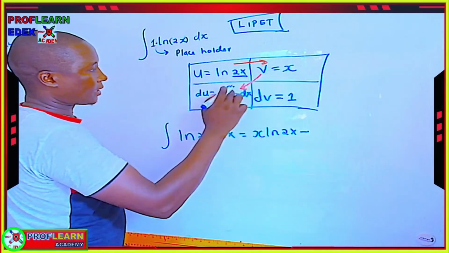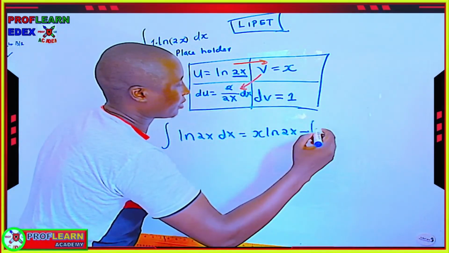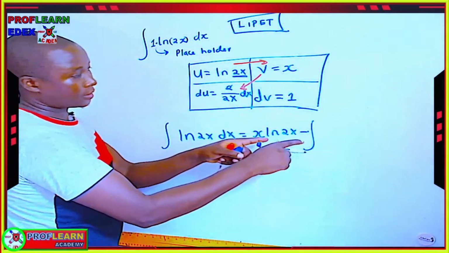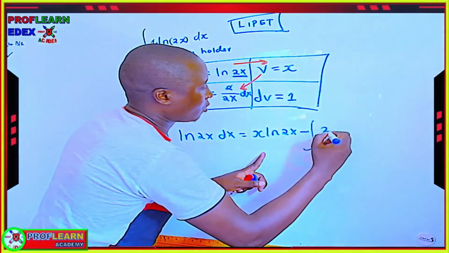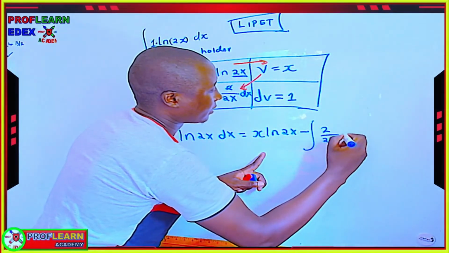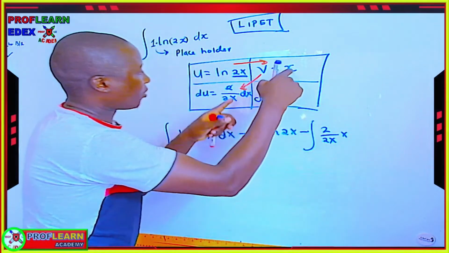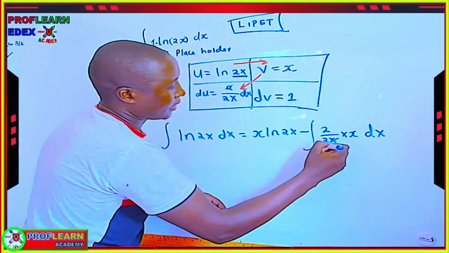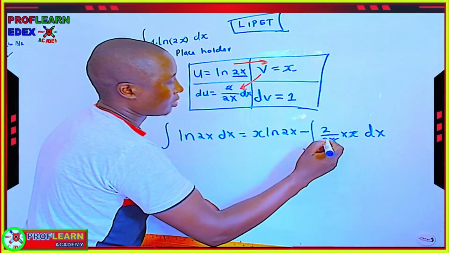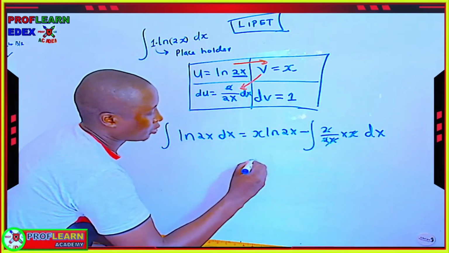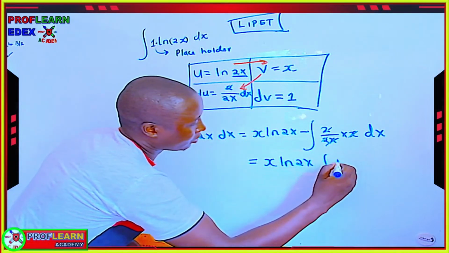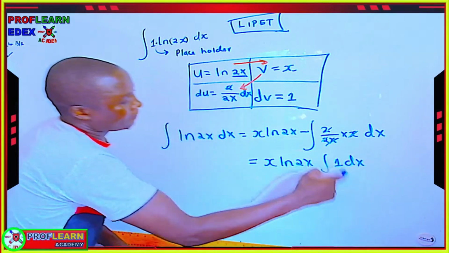So multiplying this and this, we're going to have the integral of, subtract, because we said when we're multiplying the diagonal we shall subtract it, 2 over 2x times x, with respect to x. x and x will cancel out. This and this will be 1. So this becomes x ln of 2x minus the integral of 1 dx.